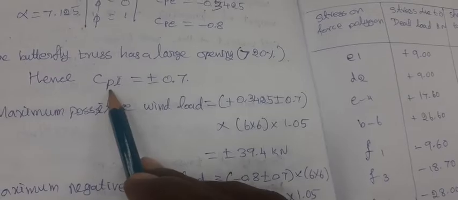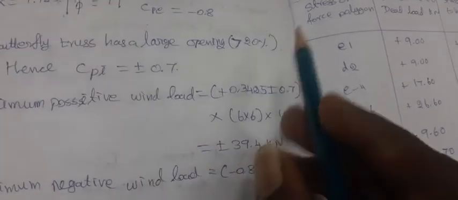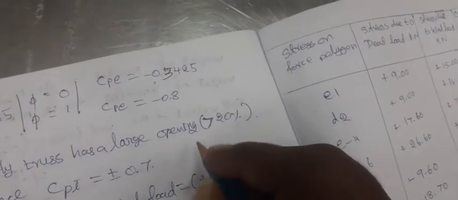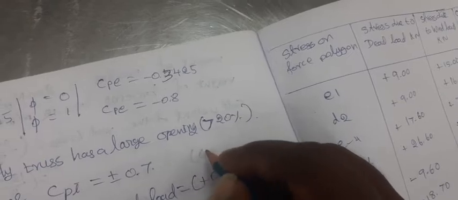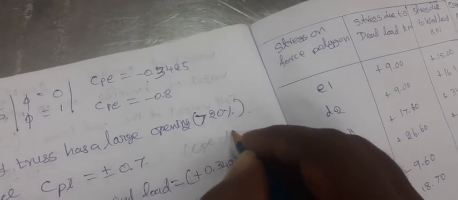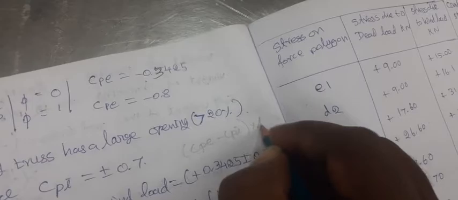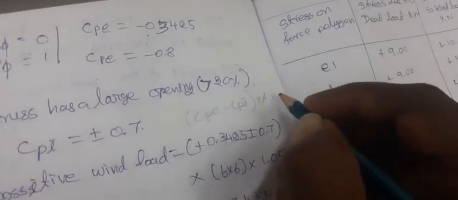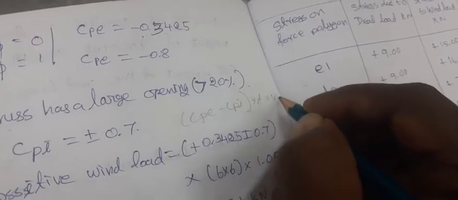So 0.7 is for internal. So actually the formula is (CPE minus CPI) into area into wind pressure, W, like wind load.